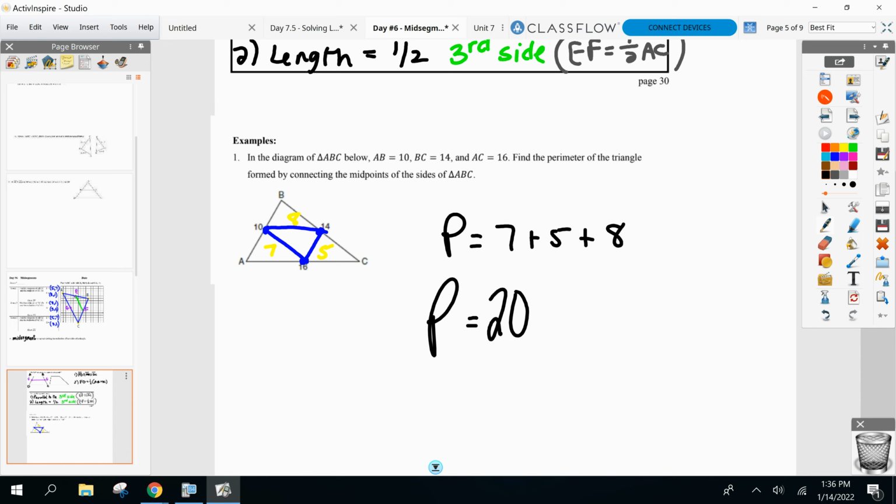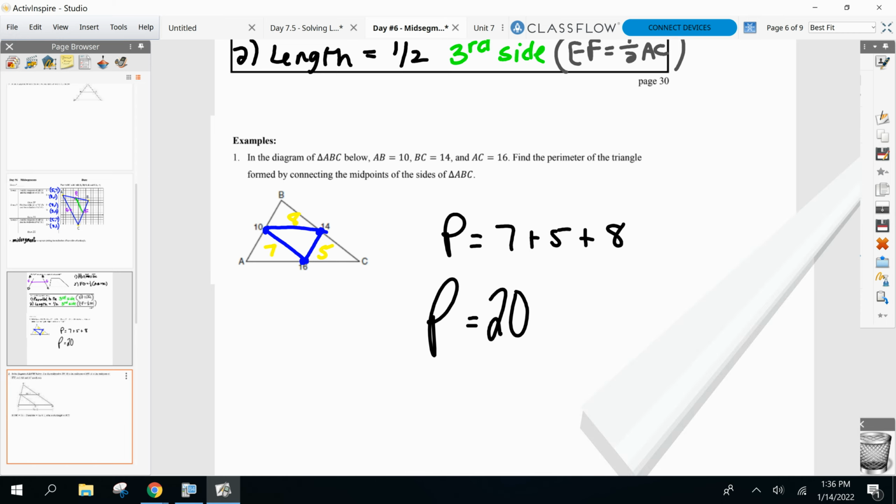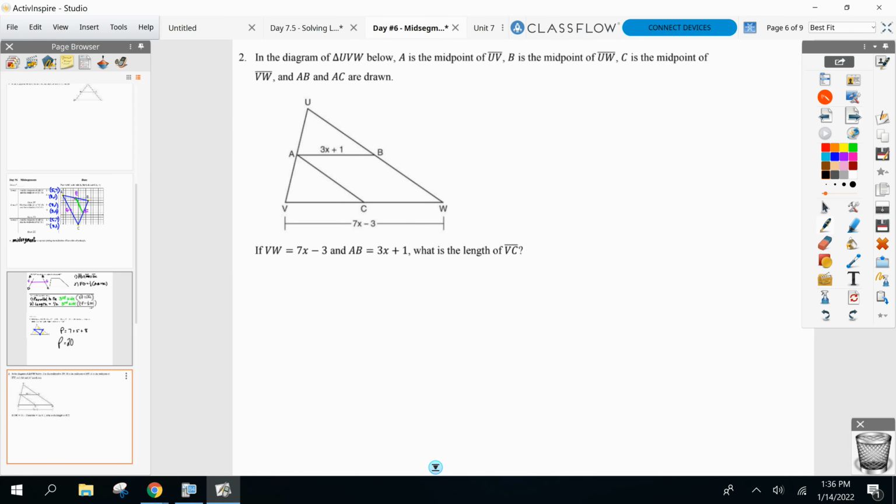How does that perimeter compare to the perimeter of the original triangle? Yeah, it's half the number. The perimeter of ABC was 40 if you add it up, and the perimeter of the midsegments is 20. So it's always going to be half. Just a little nugget for you. Questions?